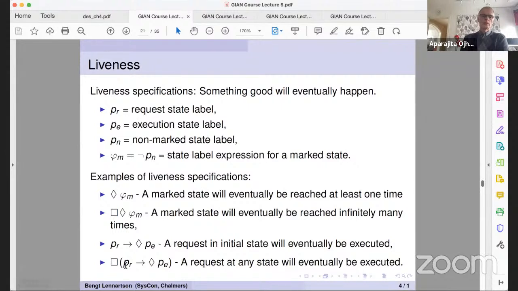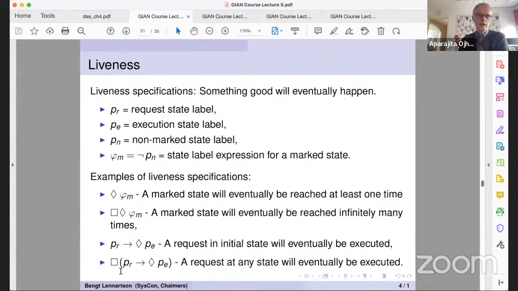So if PR is happening in any state, then eventually you will get a PE. That is what is specified here. While the one before only says that, okay, if your request comes in the initial state, which is absolutely not necessary, I would say that the last specification is much more relevant and normal.